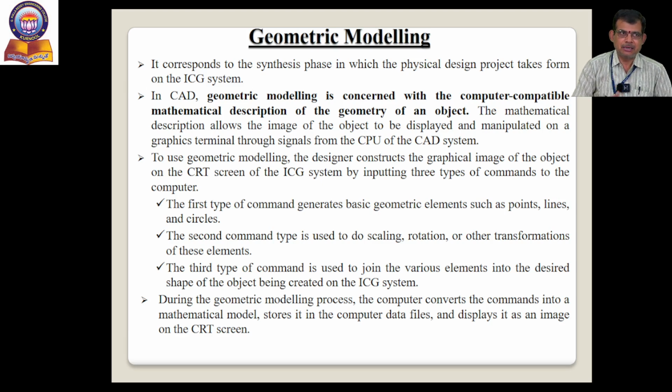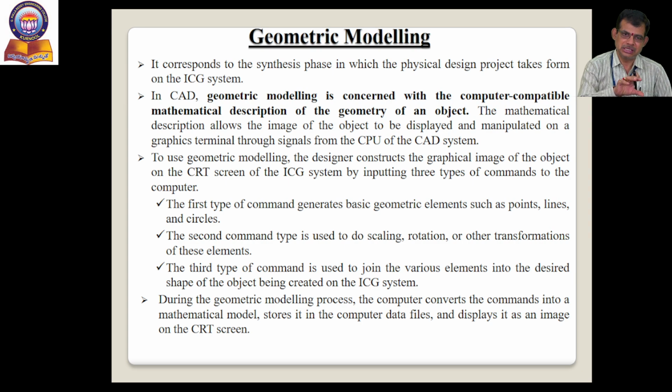The second command type is used once you have created an image on the screen and want to see it in an enlarged form or in a 360 degree orientation, or move the object from one location to another. So you require these transformations. The transformations are of 3 types: translation, rotation, scaling.